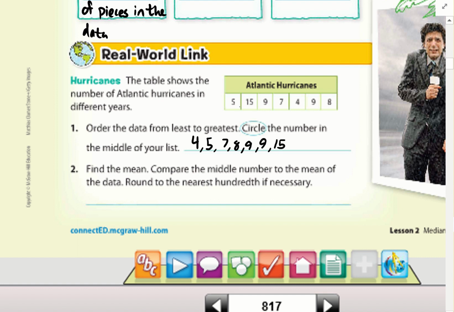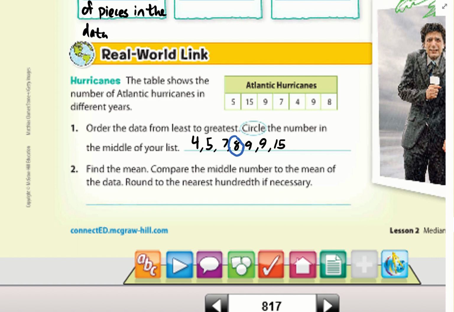I'm just going to count out 1, 2, 3, 4, 5, 6, 7. To find the median, I'm going to circle the number in the middle. So the number in the middle is 8. So my median would be 8.